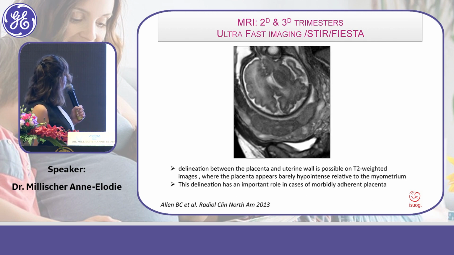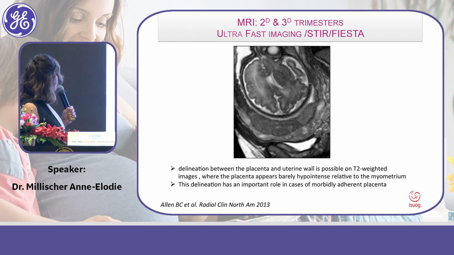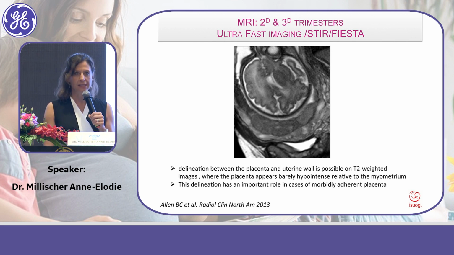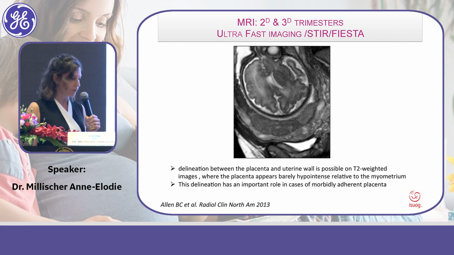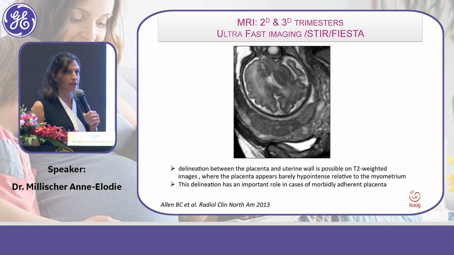So we were proposed to assess the morphology, the placenta thickness, the echogenicity, of course the location, the cordonal origin, and the most thing that is very important is to prevent an abnormal placental adherence.